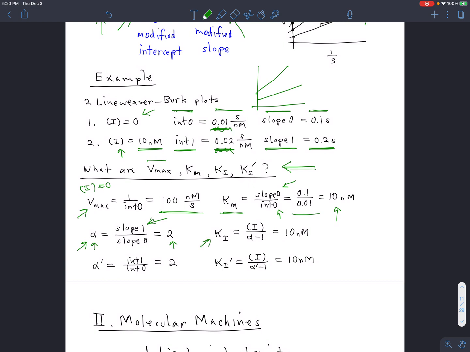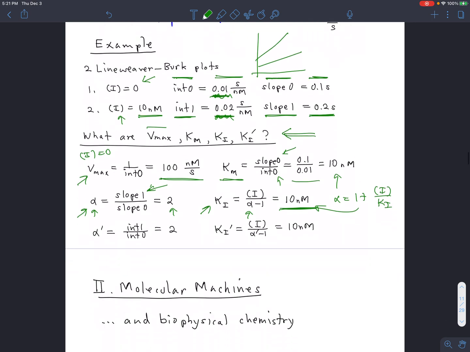And therefore Ki, remember, alpha is equal to 1 plus I over Ki. So solving for Ki gives you I over alpha minus 1, and Ki is therefore 10 nanomolar.